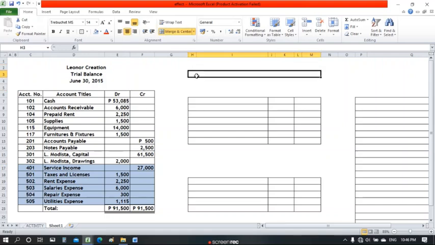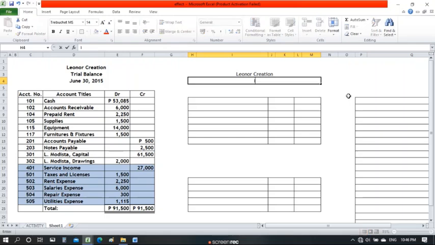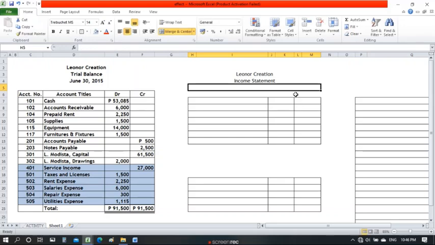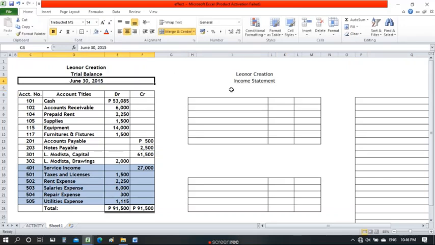In preparing the income statement, there must be a heading. The heading starts with the name of the business, so let's copy Leonor Creation, and the preparation itself, which is the income statement. For the date, it is not the same as the date from the trial balance.